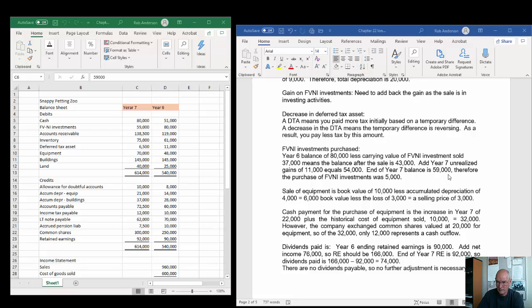Now, again, just to double check how we got there, after the sale, you should have had 43. And that would be the carrying value of your investments. We add the unrealized gain at the end of the year, which is a debit to investments and a credit to gain, giving us 54, but we ended up with 59 anyway. And the difference between the 54 and the 59 means you bought $5,000 worth.